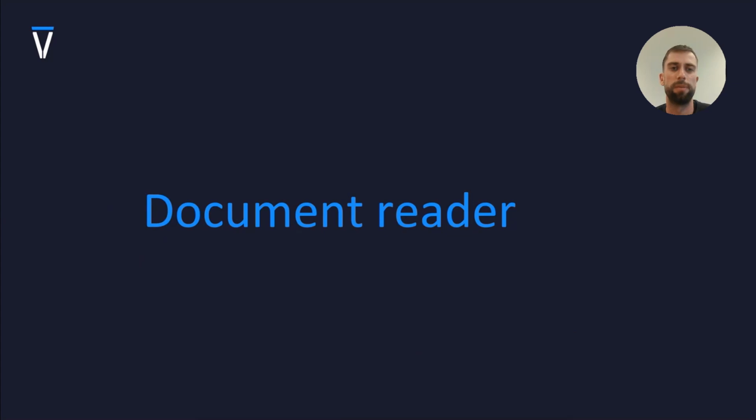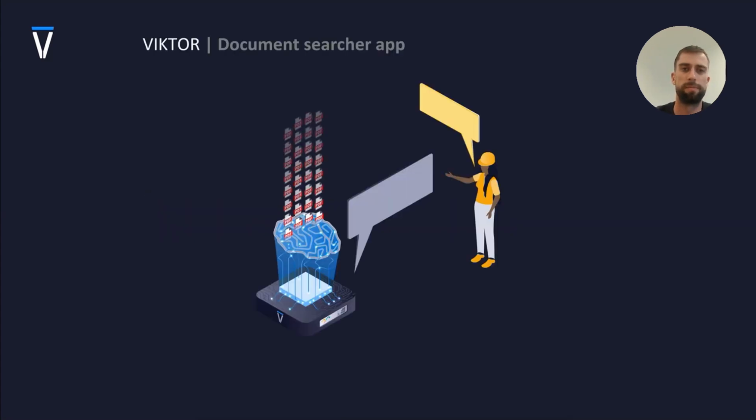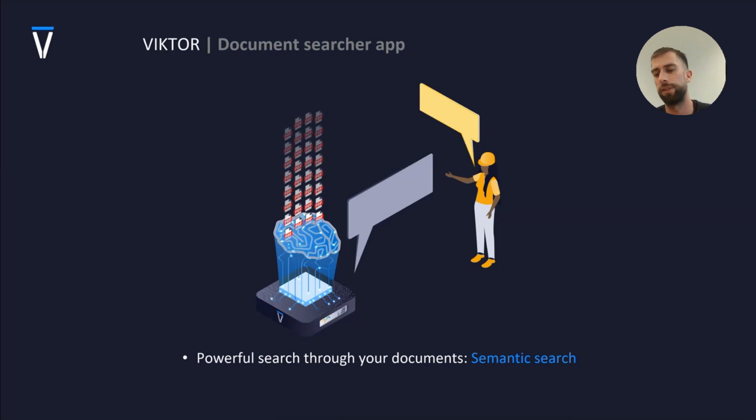Then I will tell something about our document reader application. The difference, first of all, is that when you would search through your documents in a traditional sense, you would use keywords.